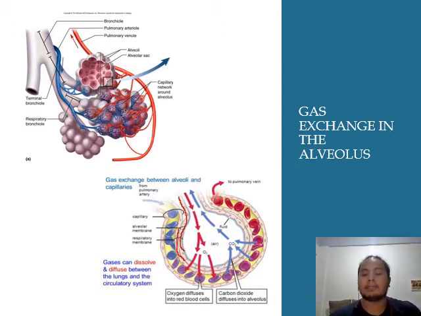Tapos may harang syempre kasi dapat gases lang ang pwedeng pumasok. It's very thin, no? Ang measurement ng thickness niya is 0.2 to 0.6 micrometers. To give you an idea how thin, the coronavirus virion, yung isang viral particle, is 0.125 micrometer in size.